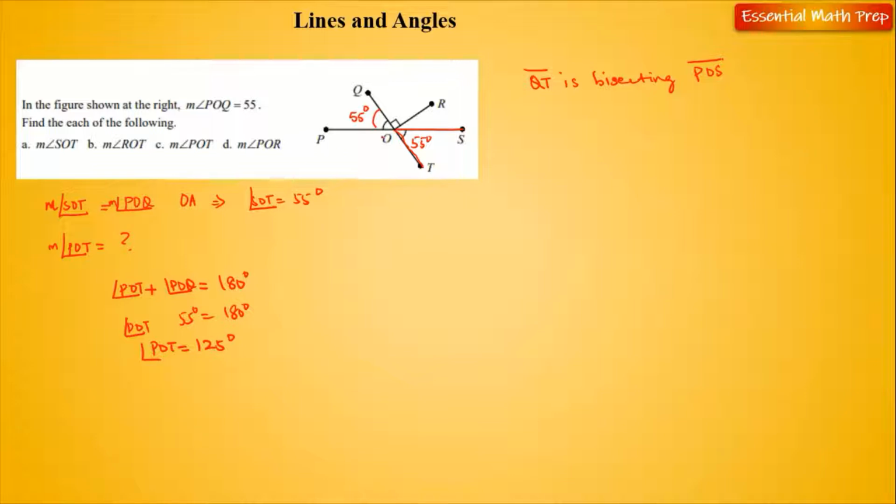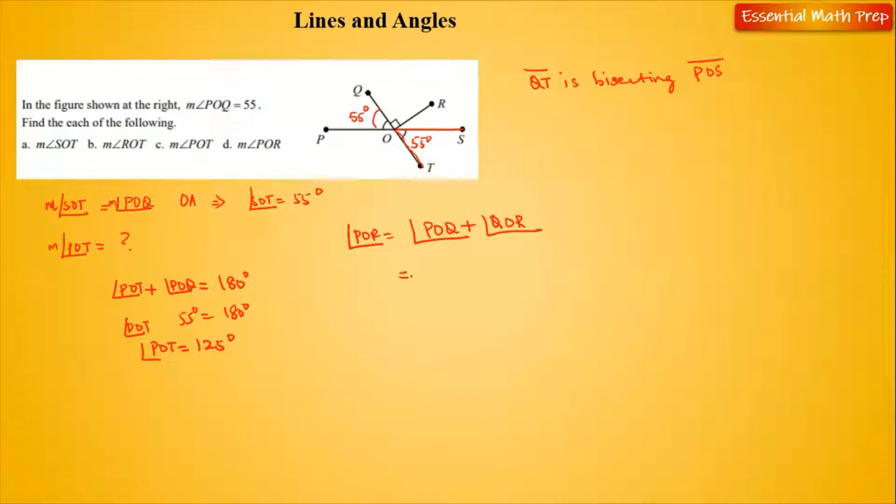What is angle POR? Well, there's two ways to do it. Let me teach you one of the ways. Angle POR is nothing but the combination of angle POQ plus angle QOR.